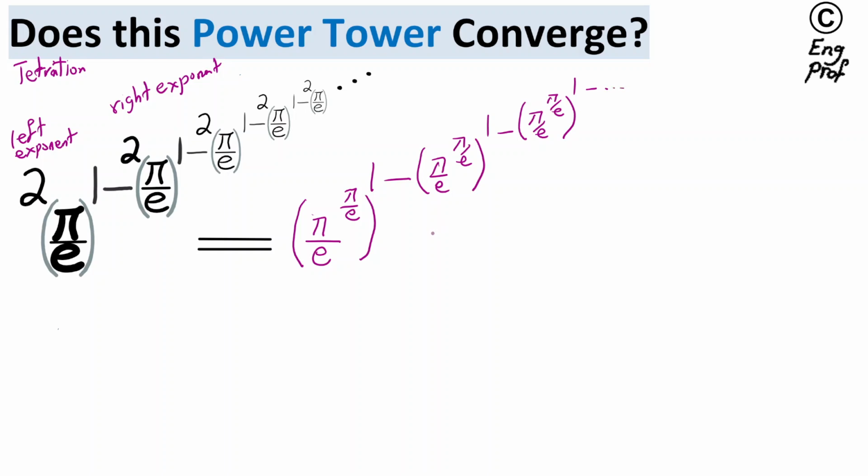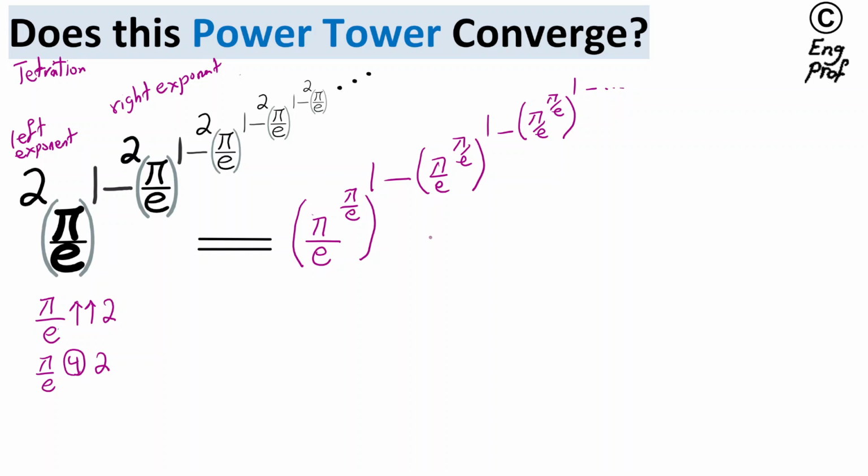Just bear in mind that another way to indicate pi over e to the power pi over e, or pi over e tetrated to 2, is using the tetration notation, which is this notation. If you see this, or if you see the hyper 4 notation, which is this one, it means exactly the same thing as the left exponent.